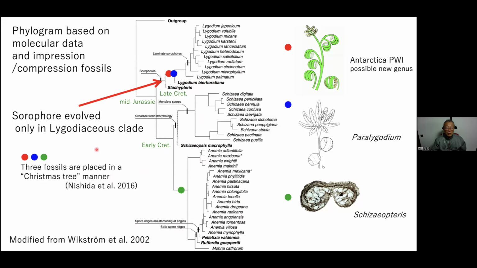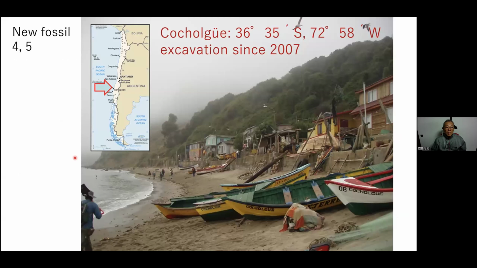And even our color dots, the three different groups of ferns, are put in somewhat close places in this phylogeny. So this is not the whole phylogeny, just a Christmas tree. And the final result of our analysis will be shown at the last slide.